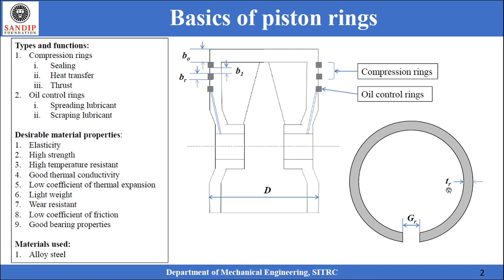It can be seen that tr is the radial thickness of the piston ring, whereas br is the axial width of a piston ring. b1 is the land on the piston between two piston rings, whereas b0 is the top land present on the piston starting from the top of the piston head to the first groove of the piston. D is the diameter of the piston. In this diagram we can see three piston rings, out of which the first two are the compression rings and the last one is the oil control ring.